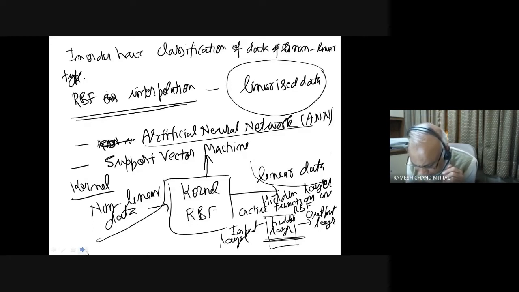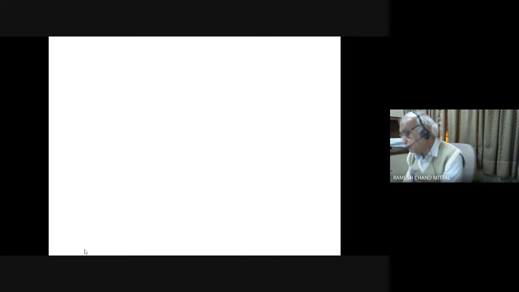Then I come to the differential equation, how to find the solution of a differential equation with the help of RBF. So let's take a simple example. I have a function u double prime equals f(x).